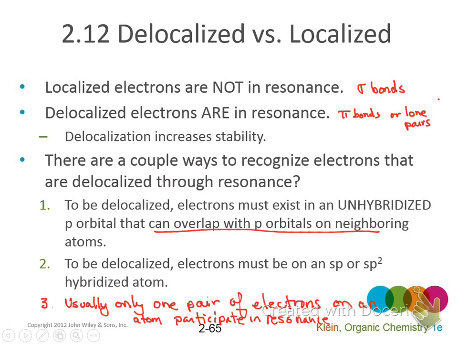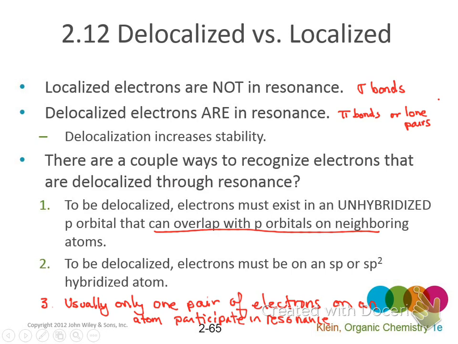Okay. So if we're going to be in resonance with each other, the orbitals have to line up. So let's say you have a p orbital, and we're going to have 1 pair of electrons involved in resonance. I'm bonding to you with this pair. This is at 90 degrees. It can't line up, so it can't participate in resonance because it's at 90 degrees to the one that is in resonance.